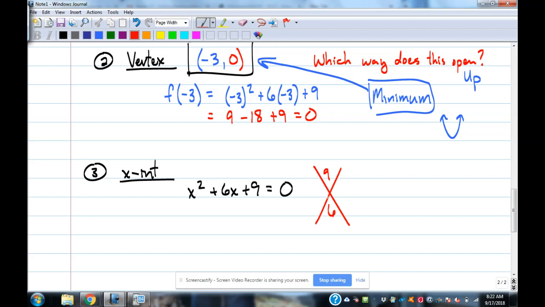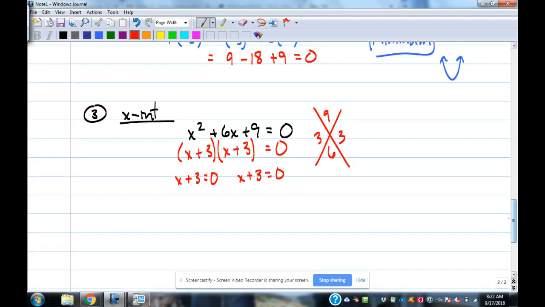So we need numbers that multiply to be 9 and add to be 6. That's 3 and 3. I can take my shortcut on the factors. And then I'm setting each of those equal to 0. Turns out this one has the same answer twice.